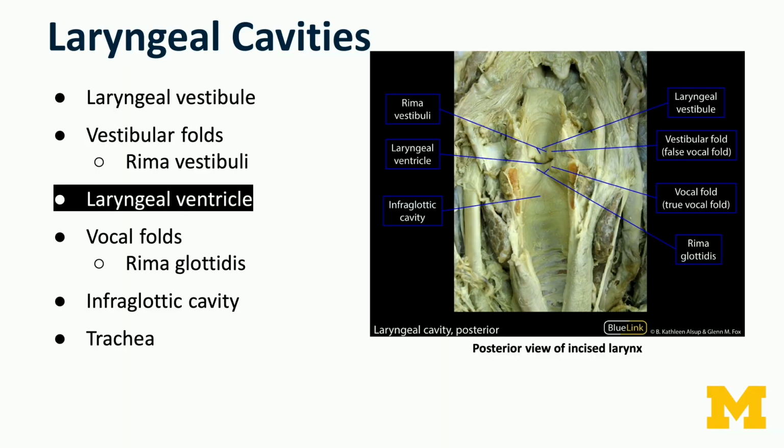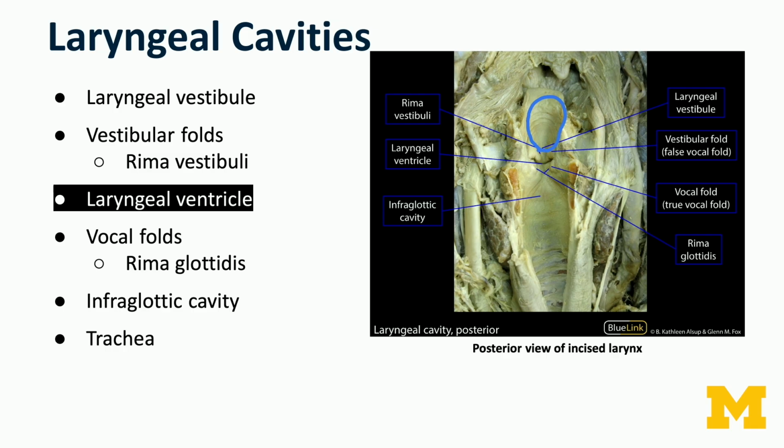So all of these are surrounding spaces of the respiratory tract, the most proximal of which in the larynx is the laryngeal vestibule. The laryngeal vestibule is everything above the vocal ligaments, bounded by the epiglottis there and the arytenoid cartilages.